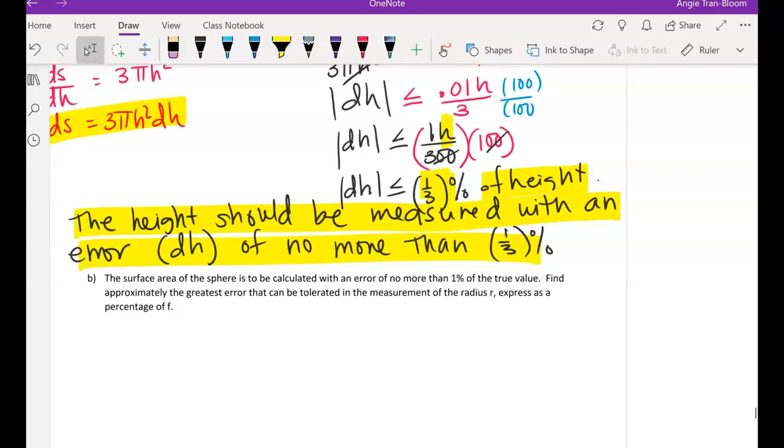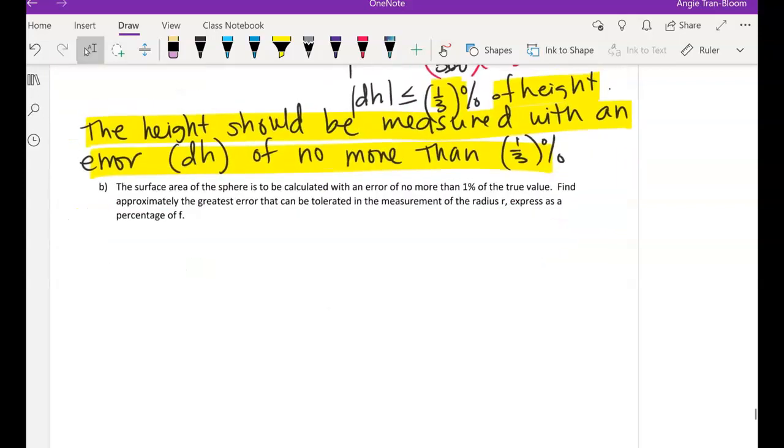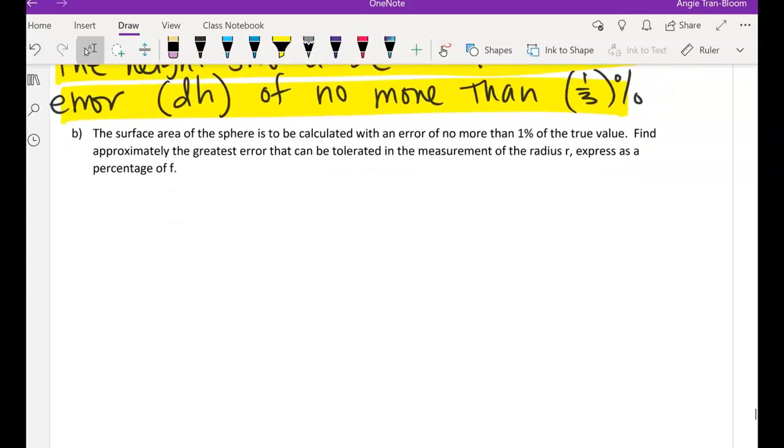Last problem of chapter 4. Okay. The surface area of the sphere is to be calculated with an error of no more than 1% of its true value. Again, this darn no more 1%. So I would need a surface area.